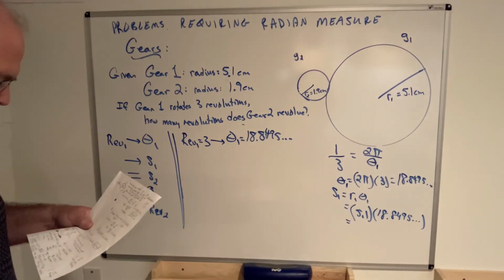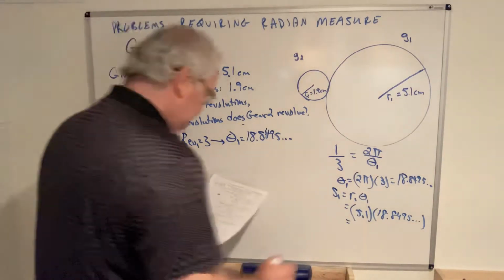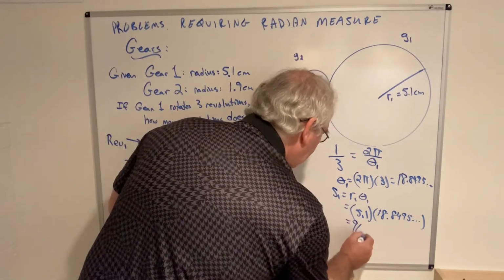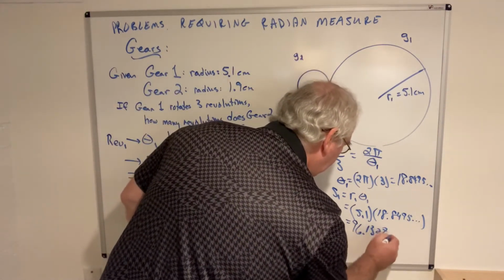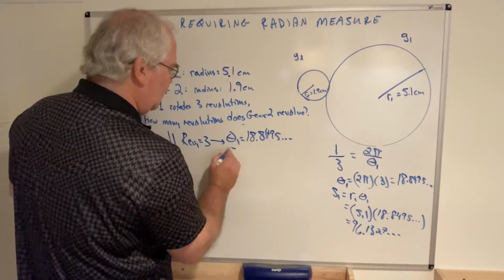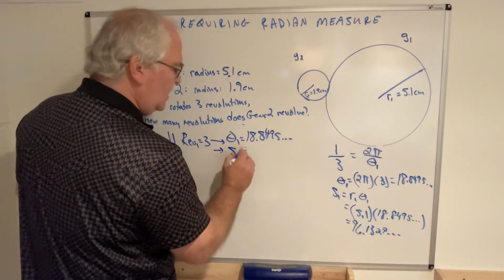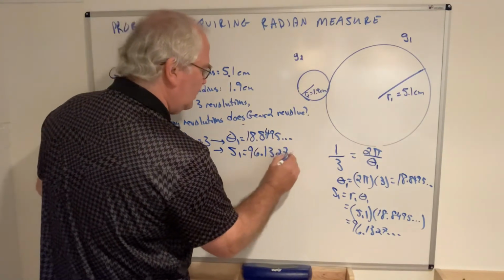And I believe that should give you 96.1327 and more decimal string. So we just found S1. That implies S1 is 96.1327 and so on.